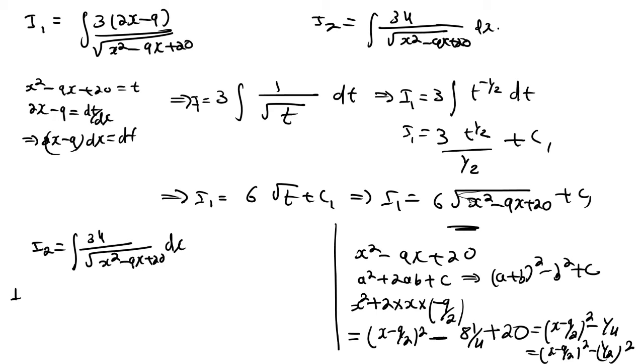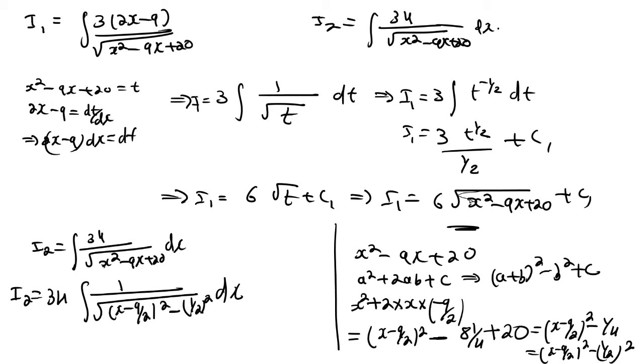So I2 is equal to, keeping 34 outside, 34 into integration of 1 divided by square root of this, x square minus 9x plus 20, which can be written as x minus 9 by 2 whole square minus 1 by 2 whole square, into dx. So in the next step again I will consider that one. See what we have: I2 is equal to 34 into integration of 1 by x minus 9 by 2 whole square minus 1 by 2 whole square into dx.